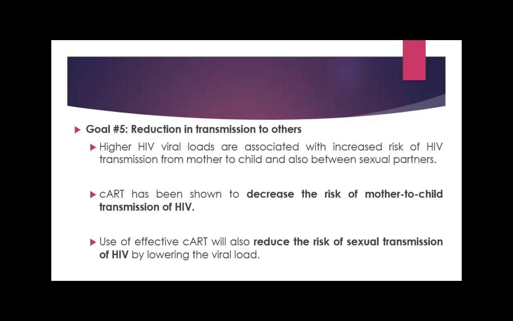So as the viral load is high in a person, the high viral load, or the viral unsuppression, will result in transmission of this virus to another person if they are having unprotected sex, or if the woman is pregnant, she can easily transmit these viruses to the fetus or the child because of high viral load.